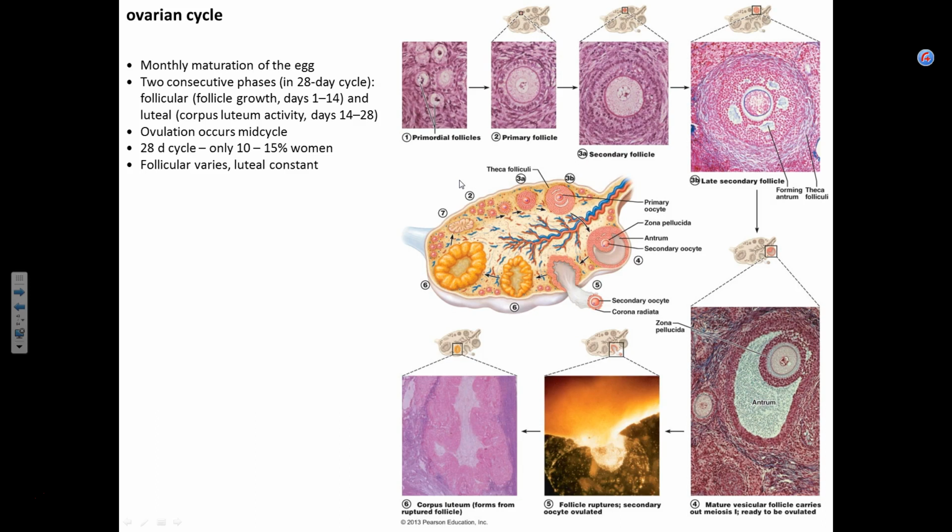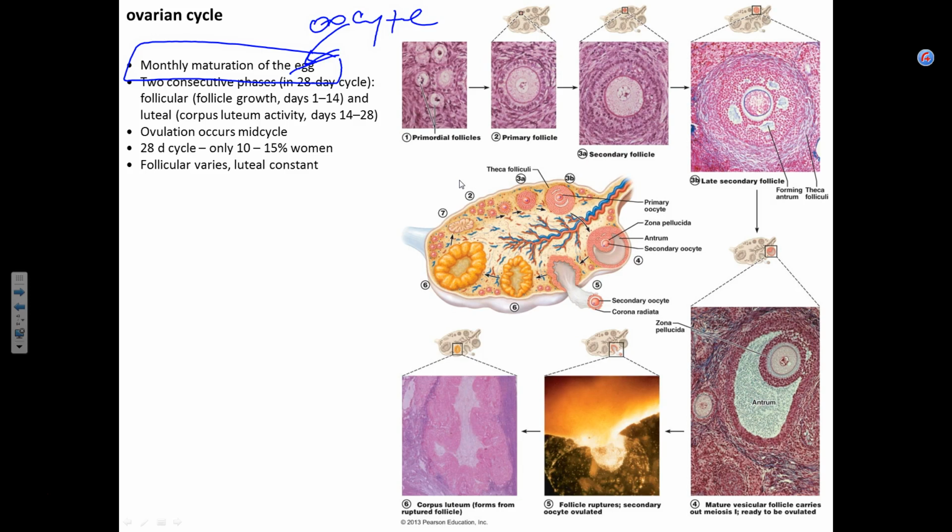So we're going to be talking about the ovarian cycle, and I want to first present the anatomical features of the ovarian cycle, and then we're going to talk about hormonal changes, because most of your attention and my attention will be directed to the hormonal regulation of the ovarian cycle. Okay, so ovarian cycle is the process in which, well, I should say not egg, but oocyte matures.